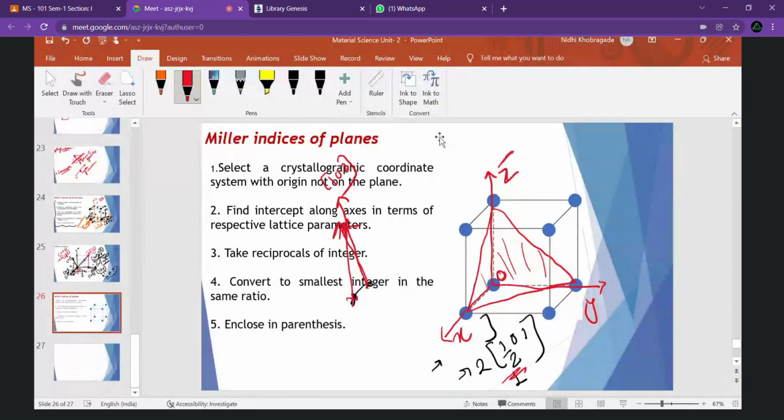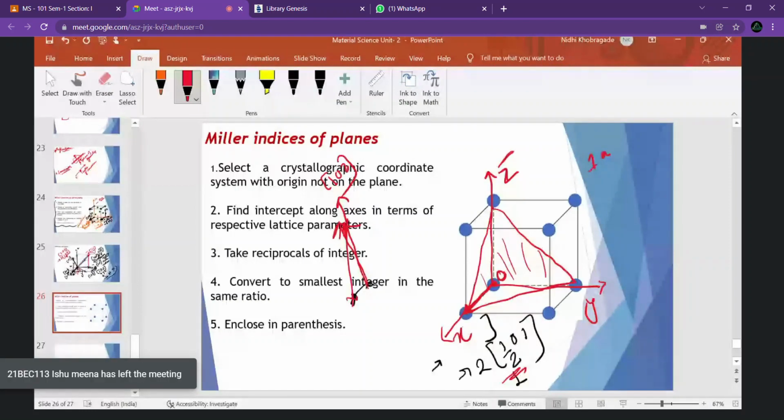Here our intercept will be where it is intersecting on this side. So this point which we are considering our origin is intersecting this particular x axis at this particular point, right? So it will be 1a, 1 times a, right? While it is intersecting the second for this side.